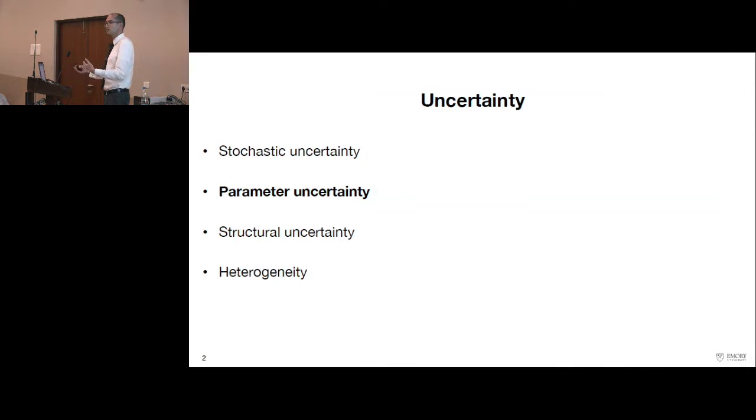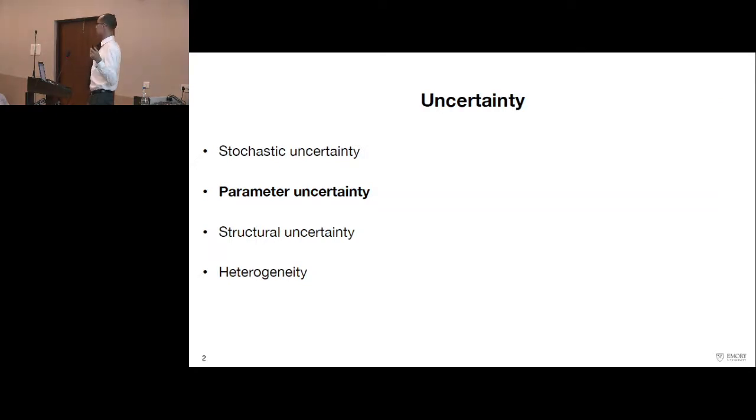Maybe a different sample would lead to a different distribution of inpatient costs. So this uncertainty in the values of the parameters that come in the model, the impact of this uncertainty is what we assess using a sensitivity analysis. That's what I'm going to talk about in this presentation.